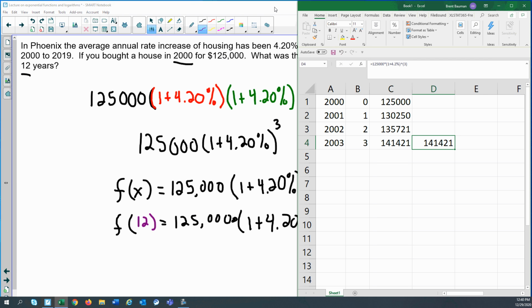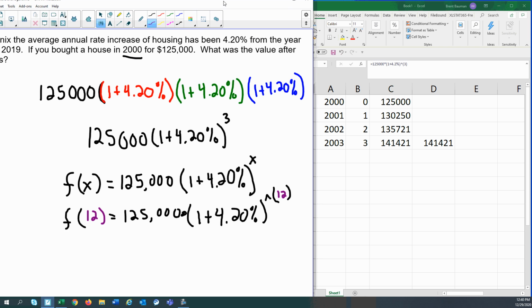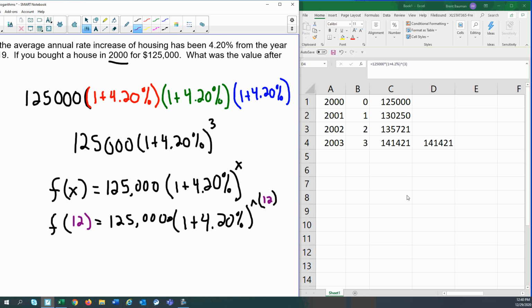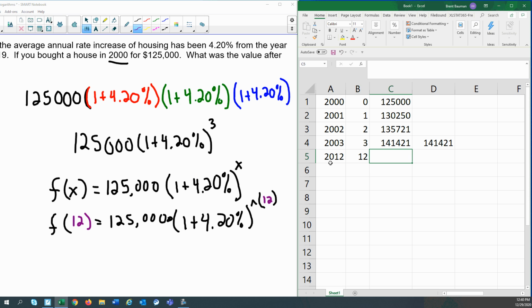So let's go back to Excel. So we're saying in 2012, which is 12 years after, we should have equals 125,000 times 1 plus 4.20% raised to the power of 12.